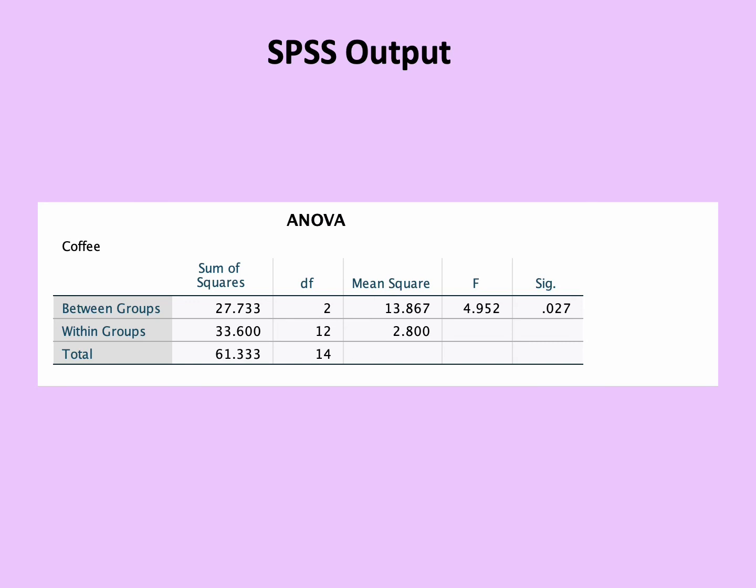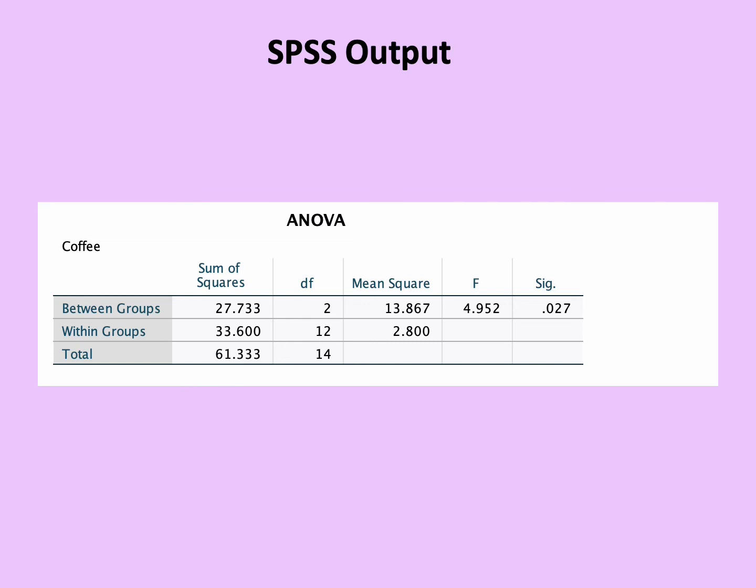So we see that our sum of squares is all correct. These are the values that we got: 27.73 for between group variance, the within group variance of 33.60, and the total variance of 61.33. We also got our degrees of freedom calculation correct.